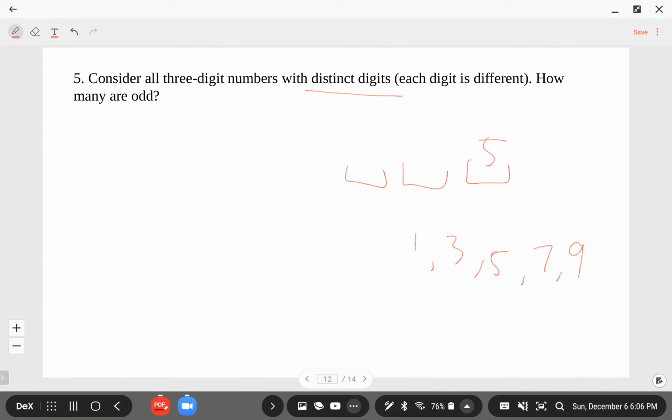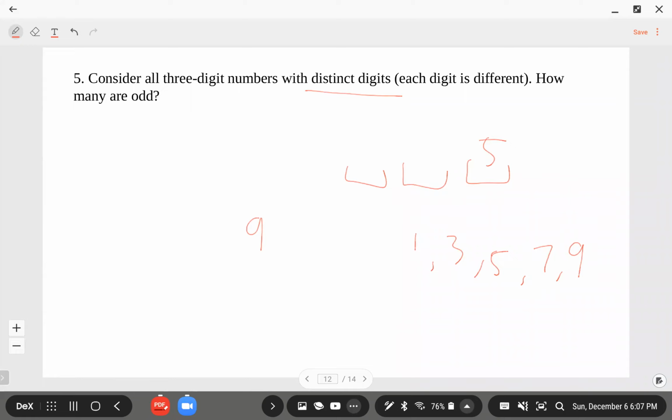So now that we've figured out our last digit, let's go on to the first and second digit. And that depends because now that we've used one odd digit, we only have so many digits left. How many digits usually do we have for the first digit? We have 9, 1 through 9 because we can't use 0.